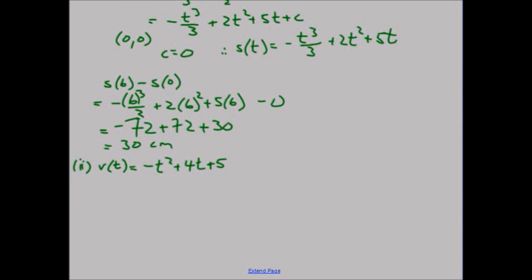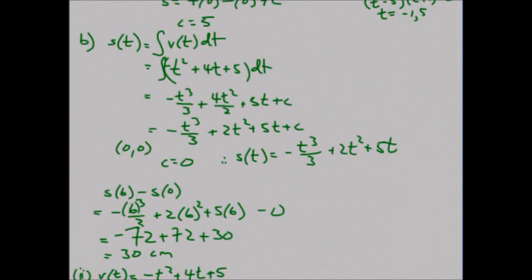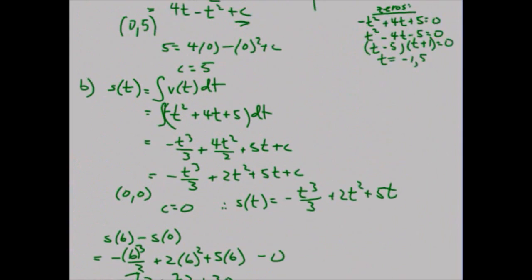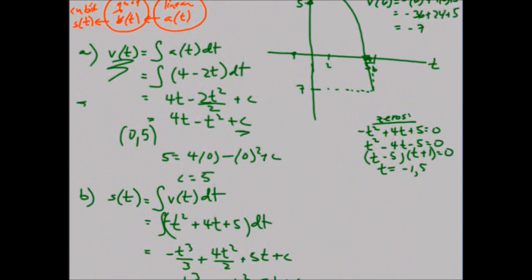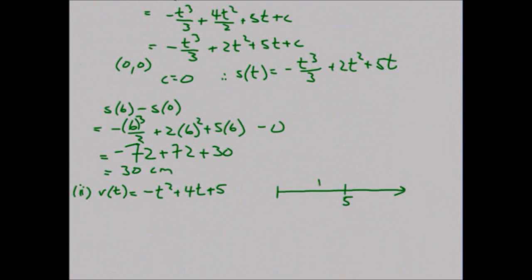And we already figured out the zeros up here. They are negative 1 and 5. So the only one that truly applies is 5, because we can't have a negative time. And from our actual graph, we can see that it's above the x-axis and then below the x-axis, so positive and then negative.